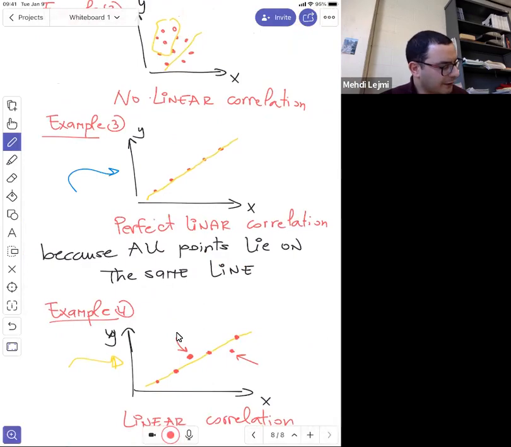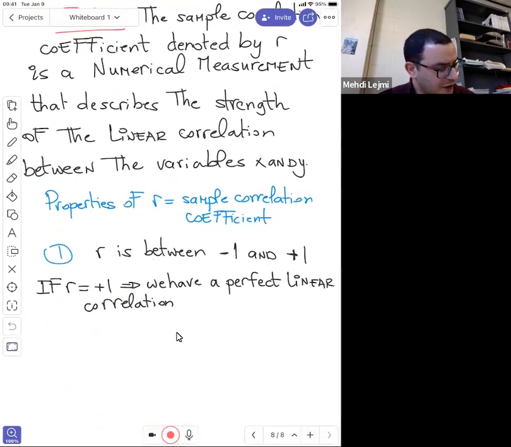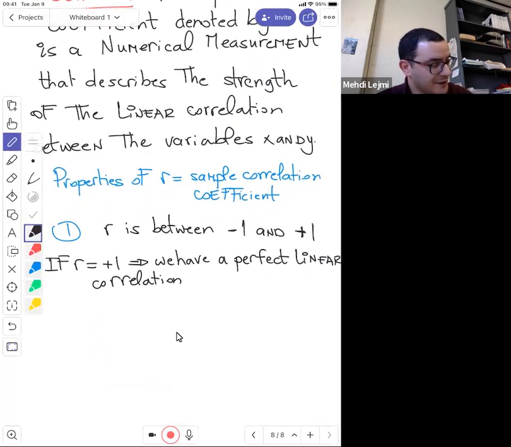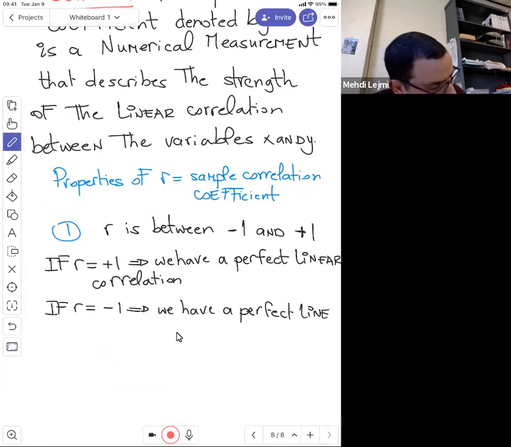So if your number R is +1, it's a perfect linear correlation. Same thing if R is -1, we also have a perfect linear correlation. So if R is +1 or -1, then you do have a perfect linear correlation.